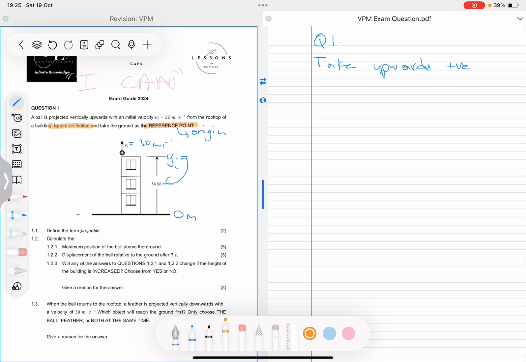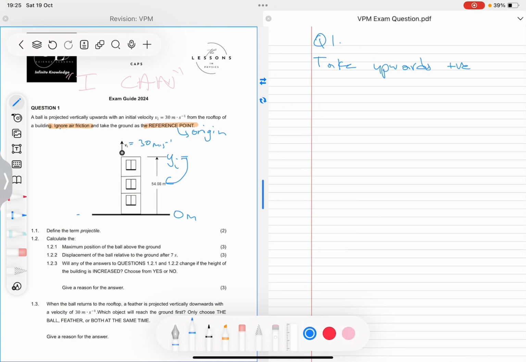You must remember this when you go to your exams, that when they say ignore the effects of air friction, what they mean is that the acceleration due to gravity is equal to 9.8 meters per second squared. Let me create space here so that I can write this properly.